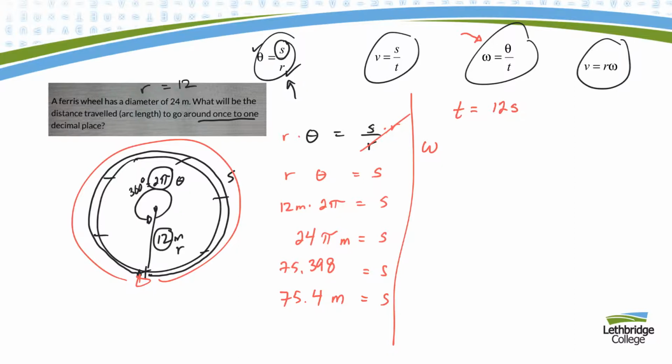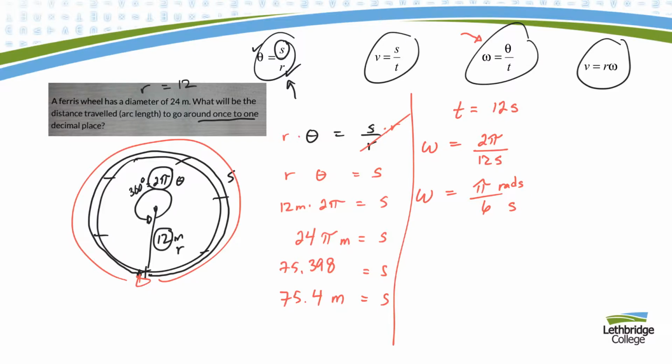So the angular velocity would be equal to the angle, so that would be 2 pi, the rotation that we went, divided by 12 seconds. So your angular velocity would be, what would that be? Pi over 6 radians per second.